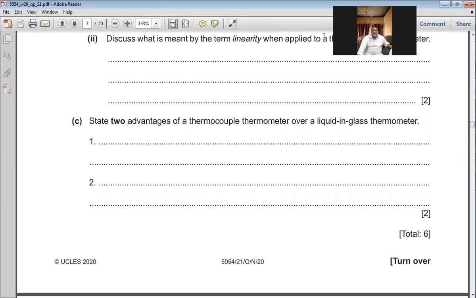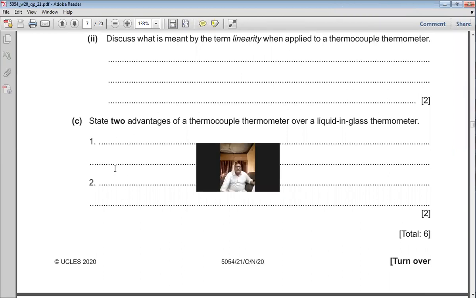He says, state 2 advantages of a thermocouple thermometer over a liquid in glass thermometer. The advantage of the thermocouple thermometer is a very famous question. It has come many times in the paper. The thermocouple thermometer is robust.